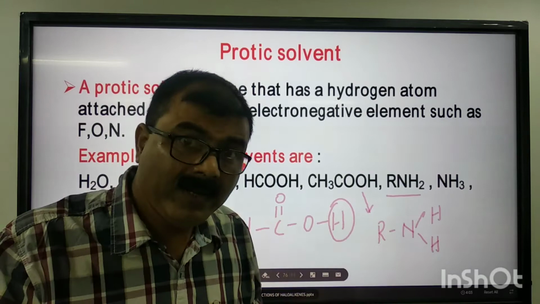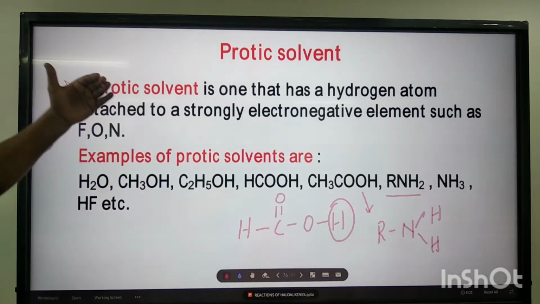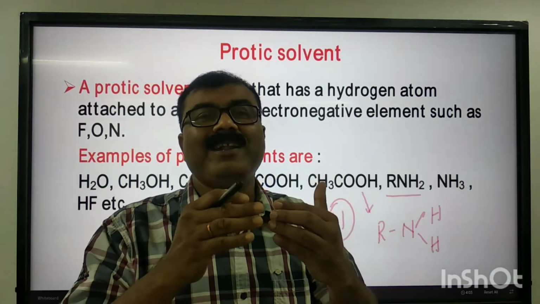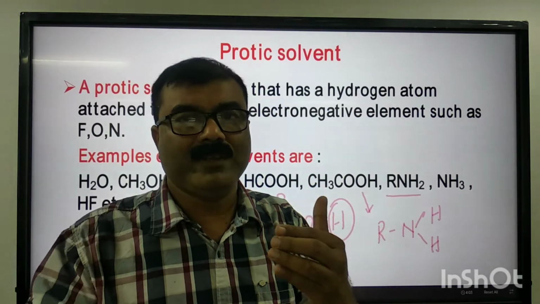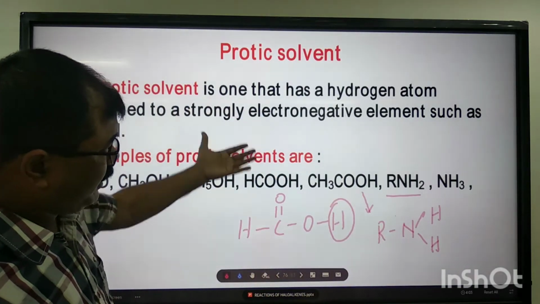They are polar, but they are protic solvents because of the term protic, which is related to proton, that is hydrogen.